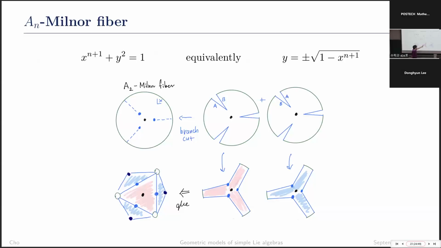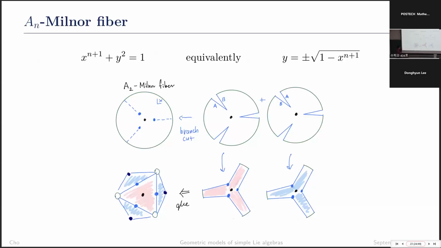So this is the same as this one, where this infinity part becomes a small r, and then you glue according to the rule of the branch cut. Then this is what we get. And also you need to glue the opposite sides like this.